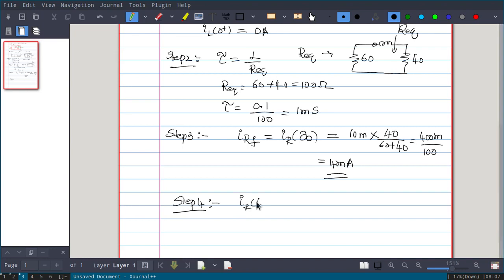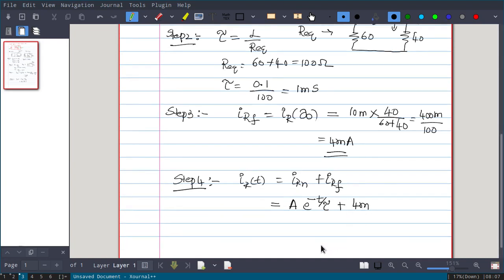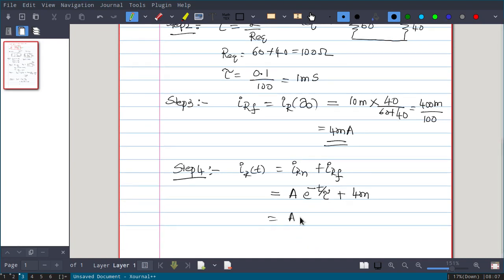So IR of t we have to calculate; it is IRN plus IRF, where IRN is the natural response. What is the natural response? That also we know. Natural response will take the form A, a constant, times e power minus t by tau. Tau we have calculated as 1 millisecond, plus IRF we just now calculated, that is 4 milli. So this will be A e power minus t by 1 milli plus 4 milli.